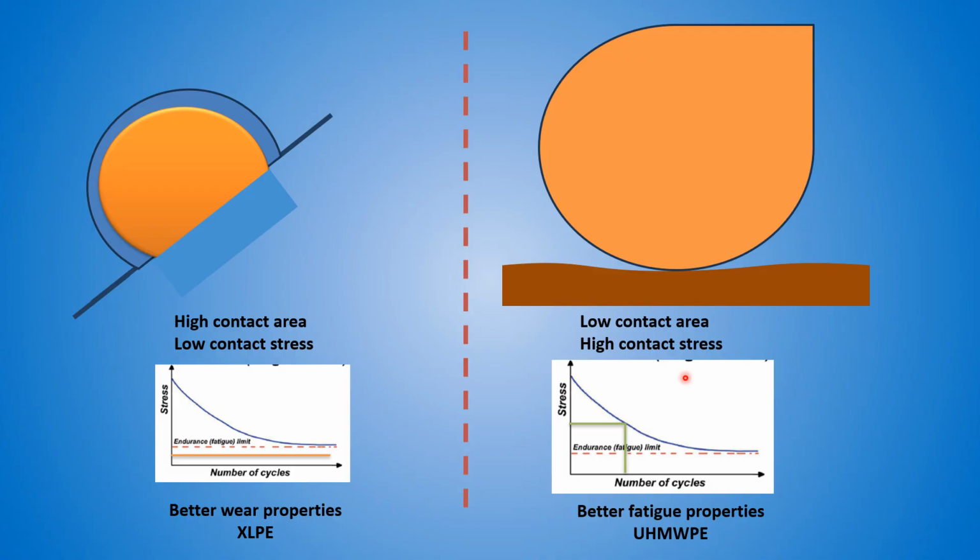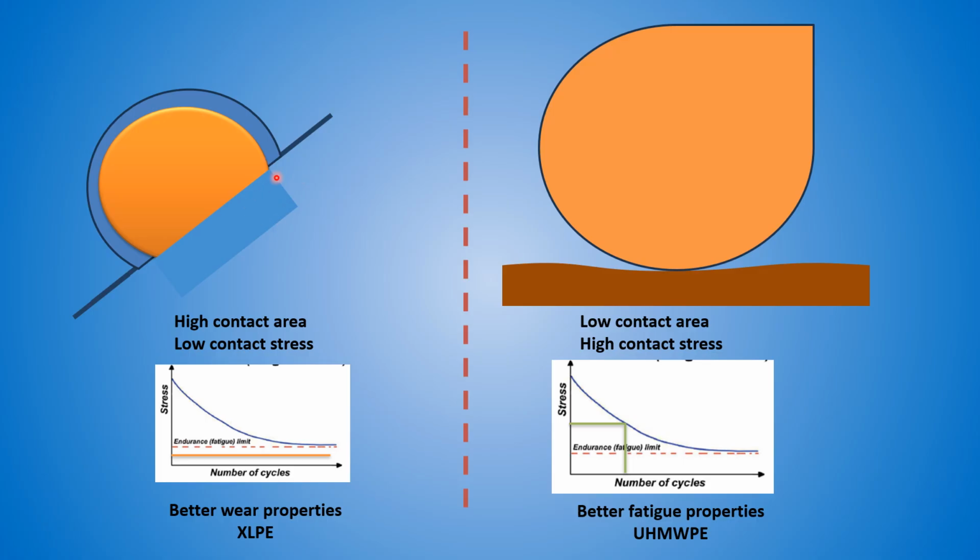So how can we apply the knowledge that we have from this SN curve in our practice? Well, if the examiner asks you which type of polyethylene you are going to choose in total hip arthroplasty or in total knee arthroplasty, your answer will depend on your understanding of the SN curve and of the biomechanics in total hip and total knee.